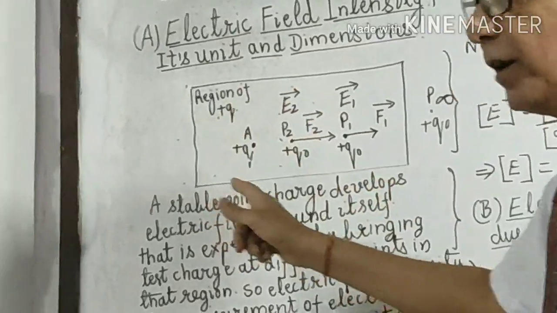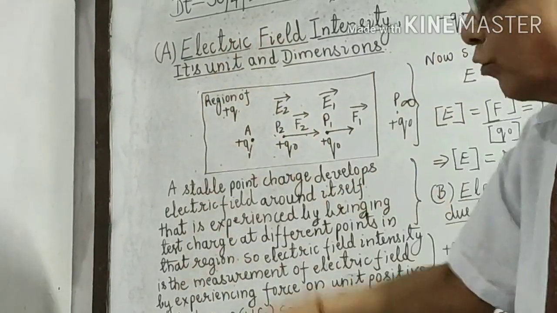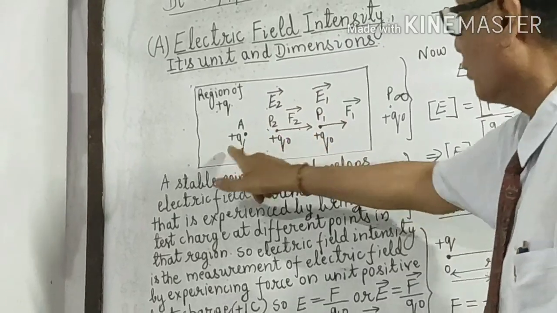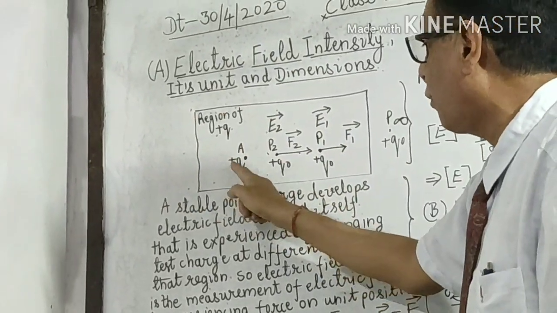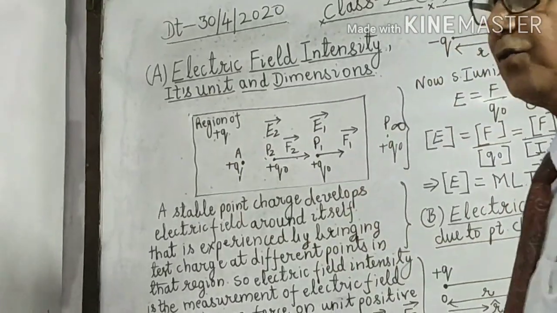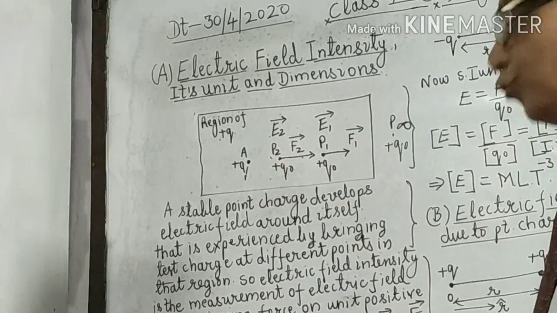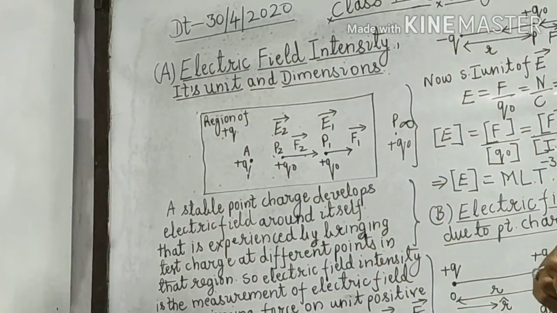So many points are there. Further I want to investigate whether there is a repulsive force or not. Again this plus Q naught will experience a repulsive force from this source charge plus Q, and it is F2. So it is verified that in this region lies the electric field.